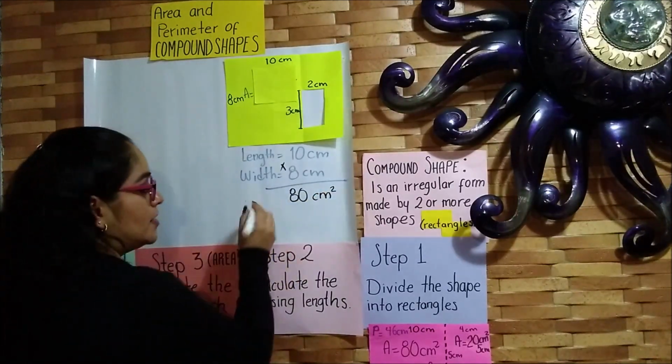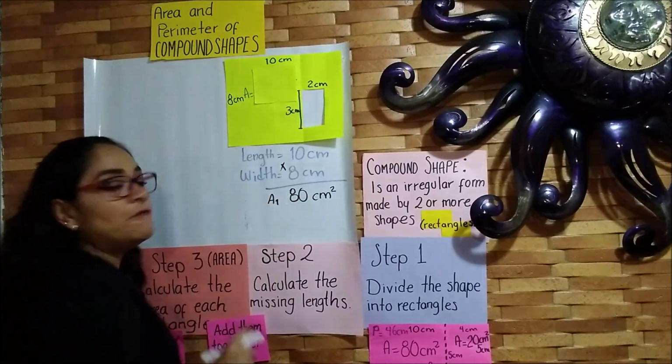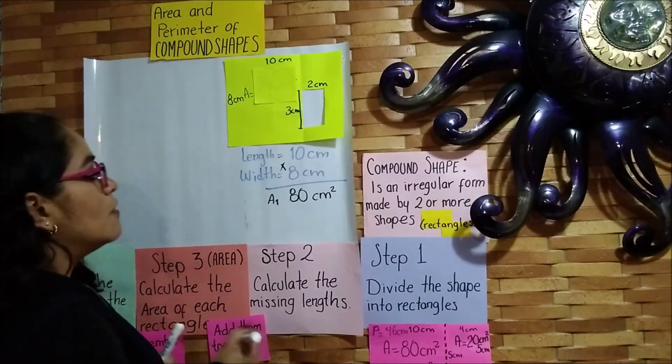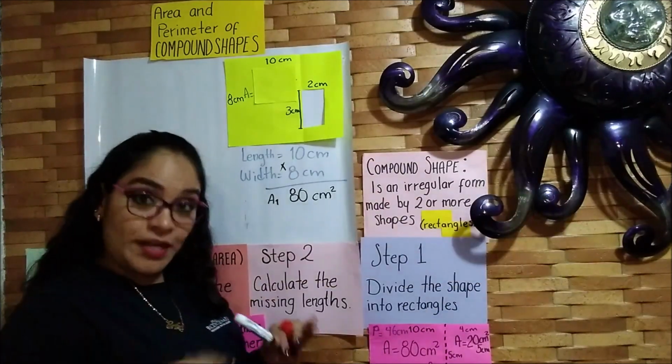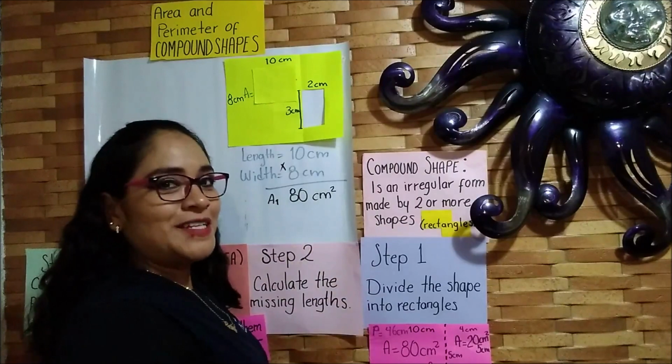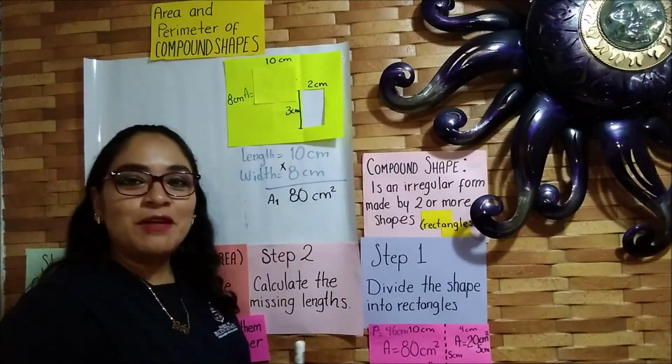This is our area of the shape 1. So, for the whole garden, including the pool, the dog house, or our fountain, we need 80 centimeters.